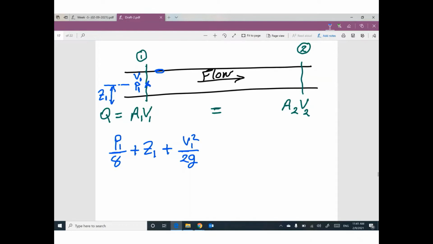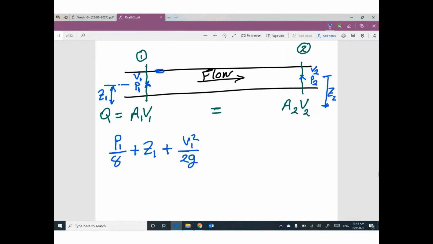At the other side, we have the same parameters. V2, velocity, I'm not sure will be the same or different. P2, pressure, I'm not sure will be the same pressure or not. And we have Z.